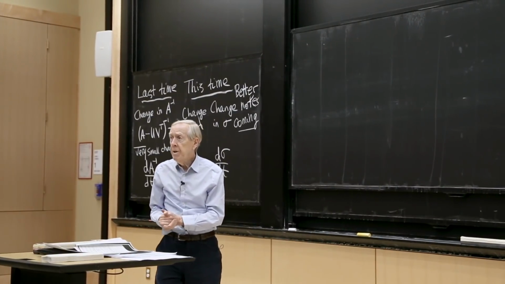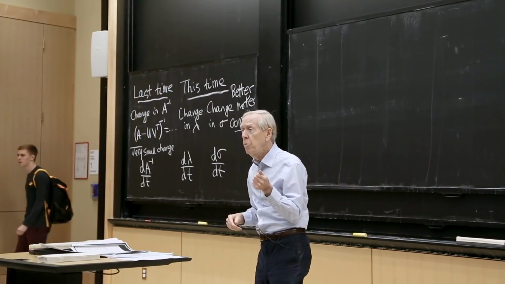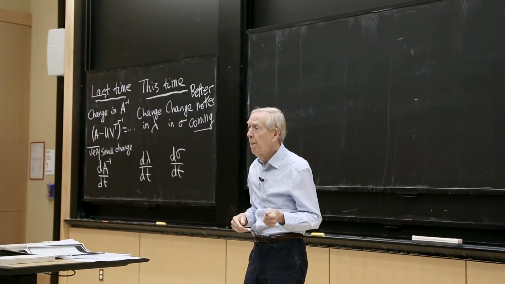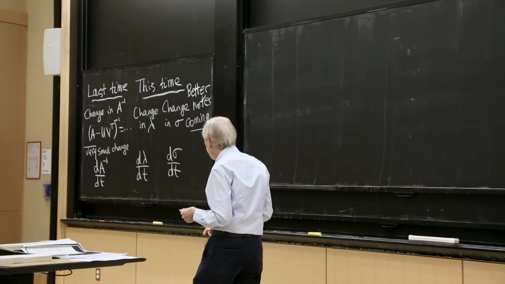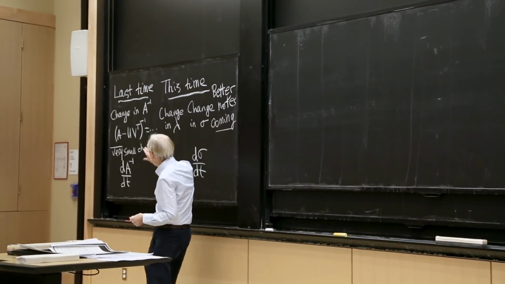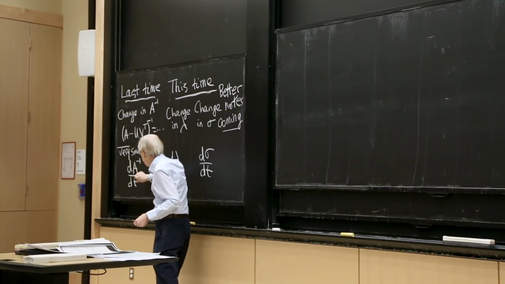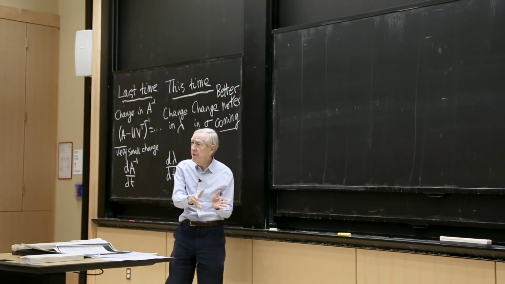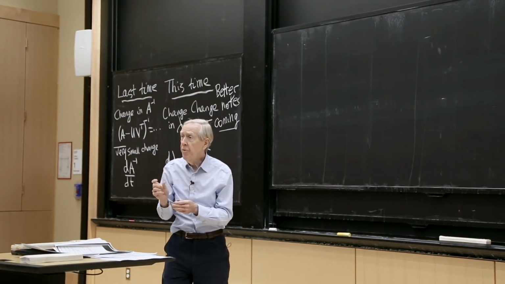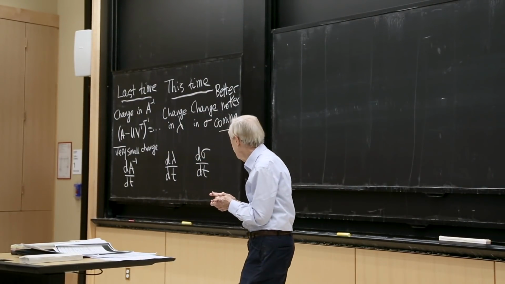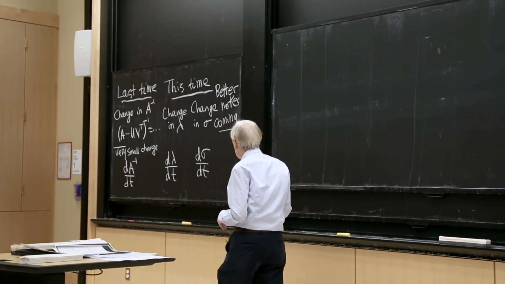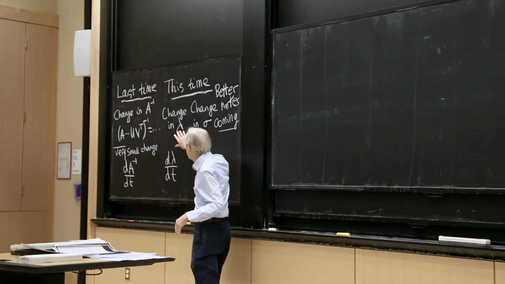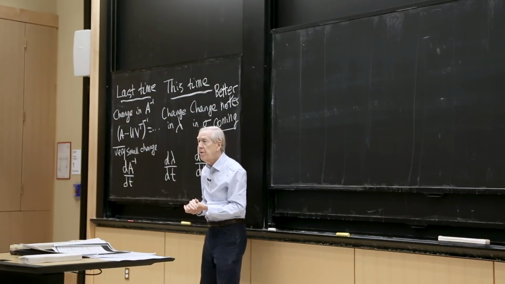Okay. So now let me say what we can do and what we can't do. I'll start out by figuring out what the derivative is for the inverse. So that's like completing the last time for infinitesimal changes. Then I'll move on to changes in the eigenvalues and singular values.